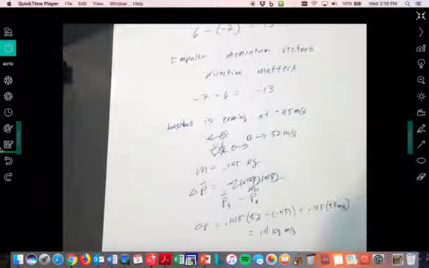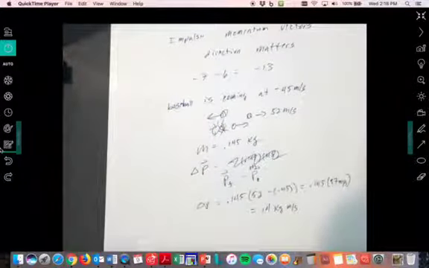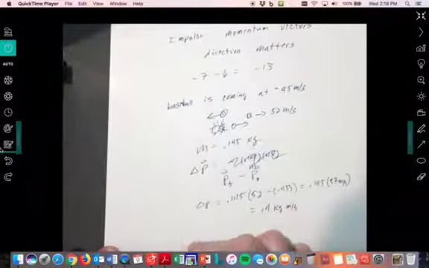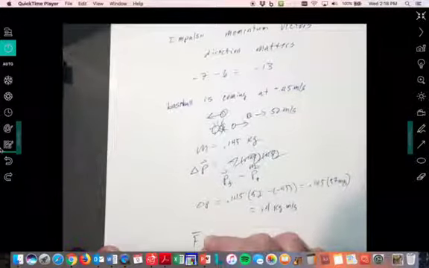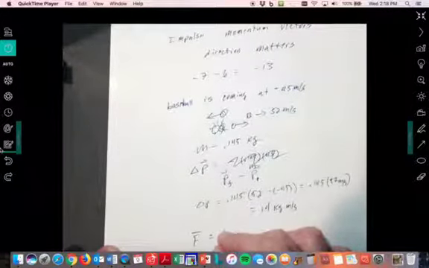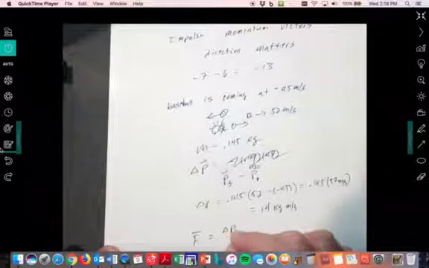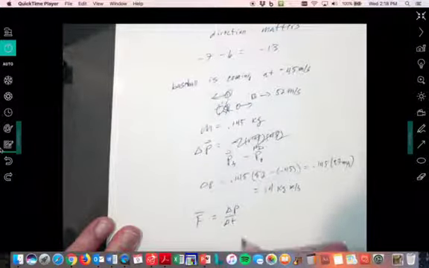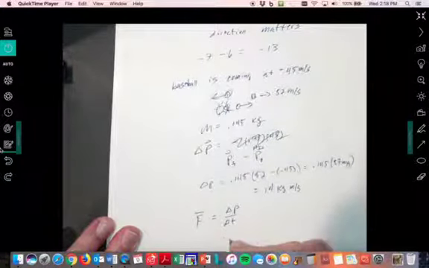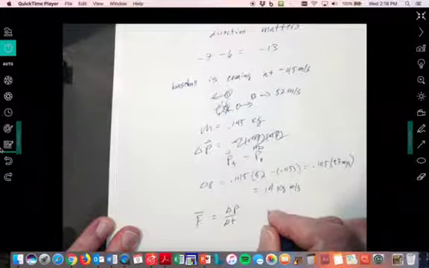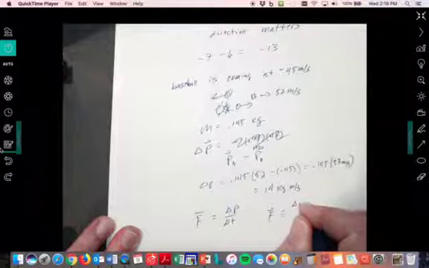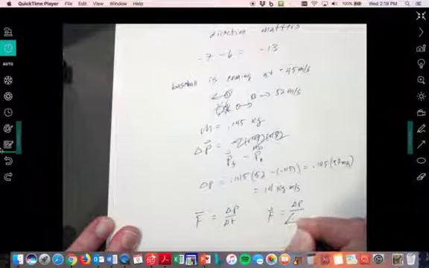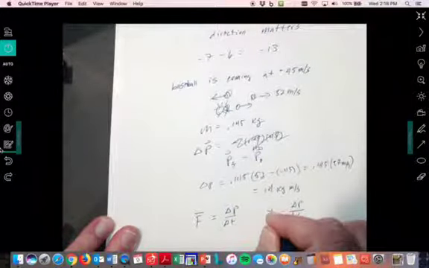Now, one other big idea I want to tell you about is this. When you take this average force, it is equal to this change in momentum divided by the duration of the collision. Look what happens. We all know that if the force is equal to the change in momentum and the time is big, then the force gets small.